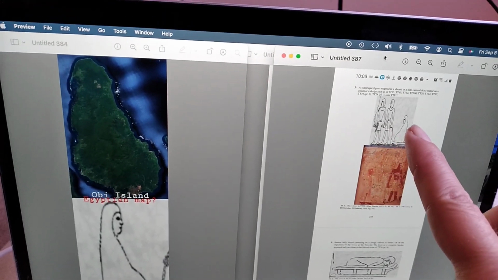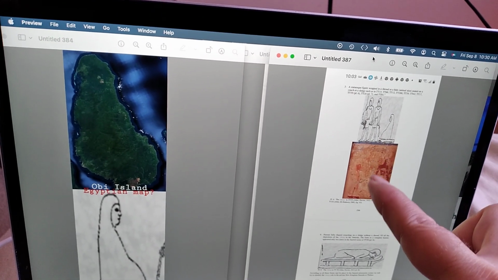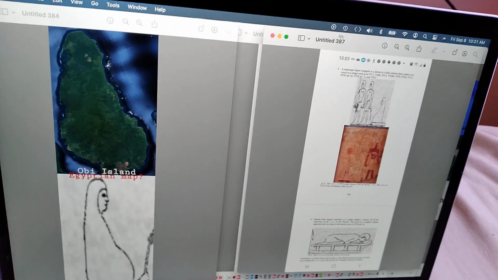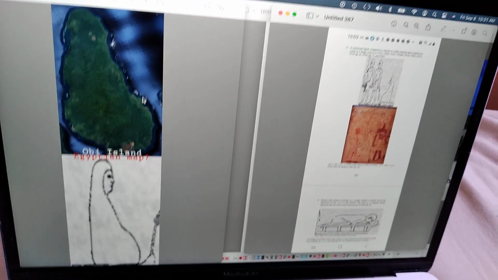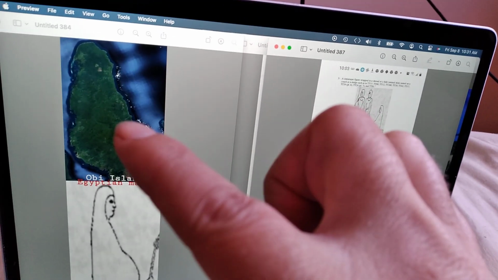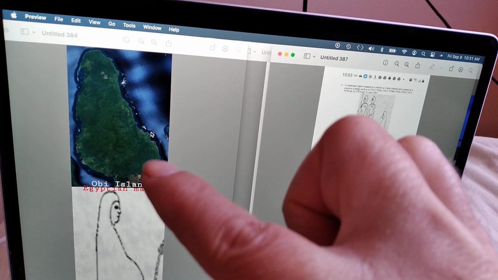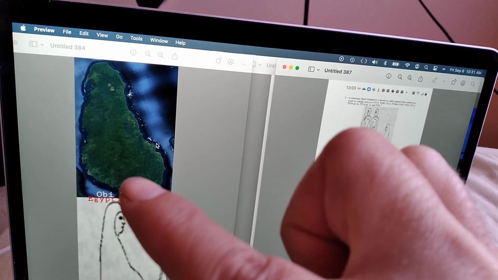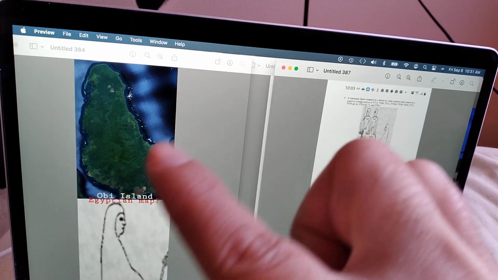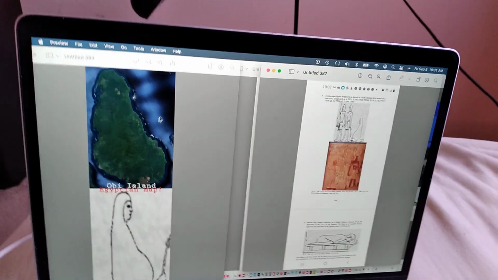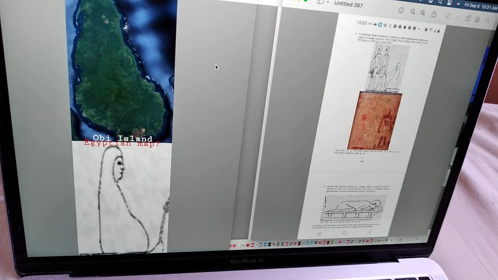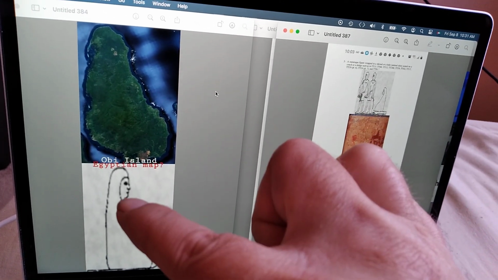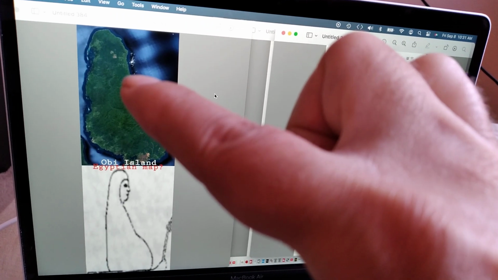This one here, if it's retrograde, as many ancient Egyptian maps are known to be, i.e. flipped in the opposite direction, could be Obi Island, an Indonesian island between Papua and Australia, and Sulawesi and Timor and so on. So this part would be this bump down here, and this part here would be this part.